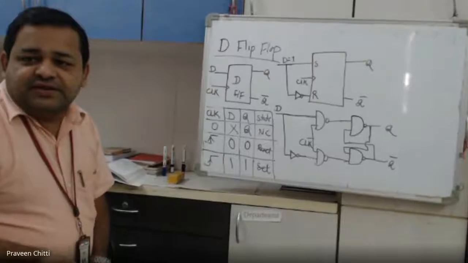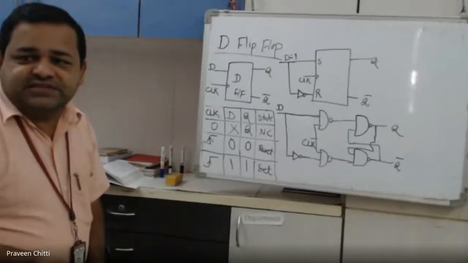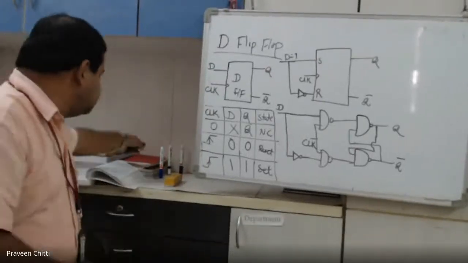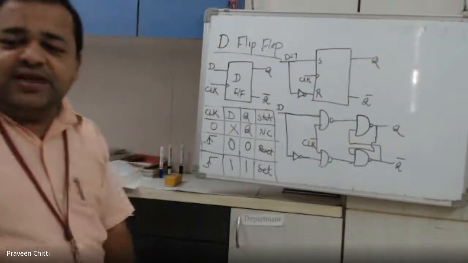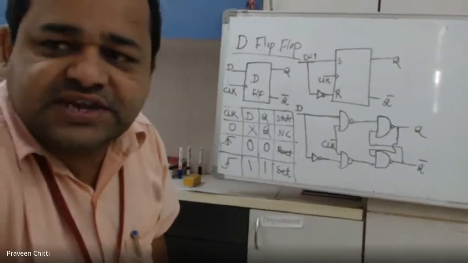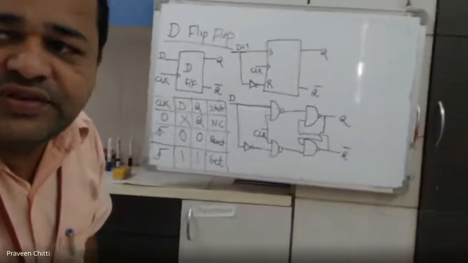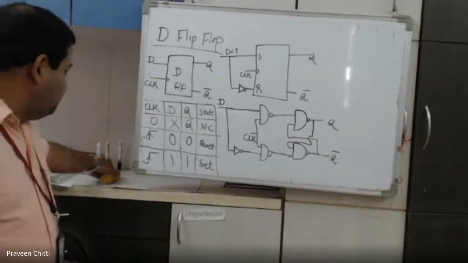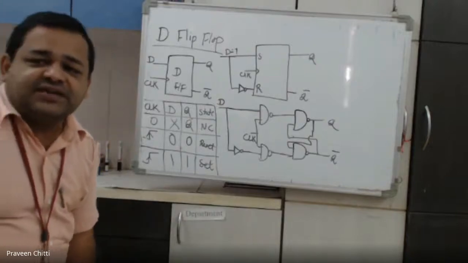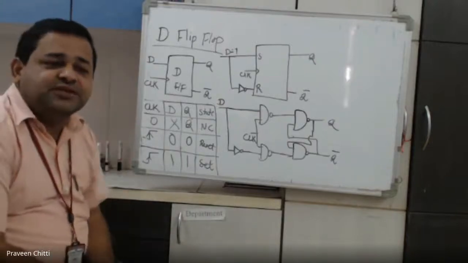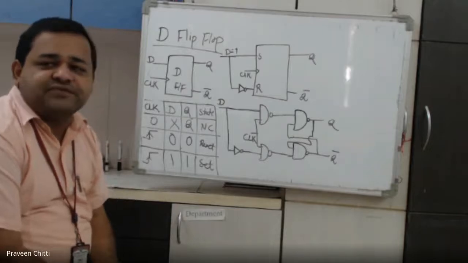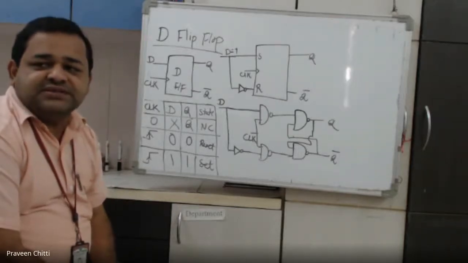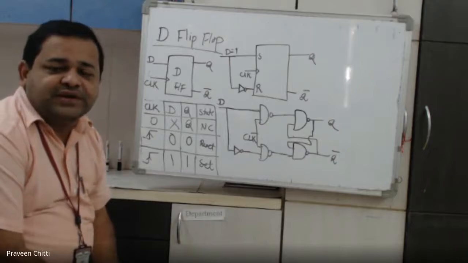Yes, sir. So this is what is there on the board, the last flip-flop which we have discussed, the D flip-flop. Now we'll discuss the JK flip-flop, one of the important flip-flops. The important drawback of the SR flip-flop is that when both the inputs of the SR flip-flop are 1, 1, the output is indeterminate or forbidden.